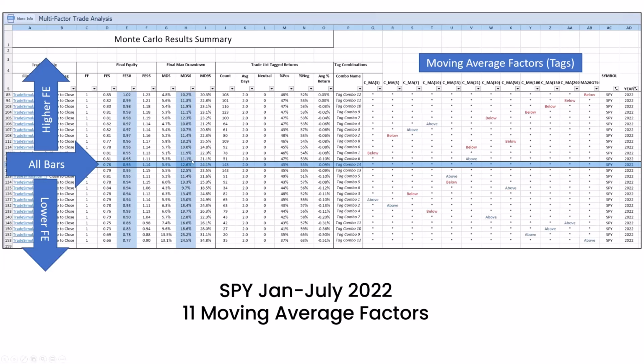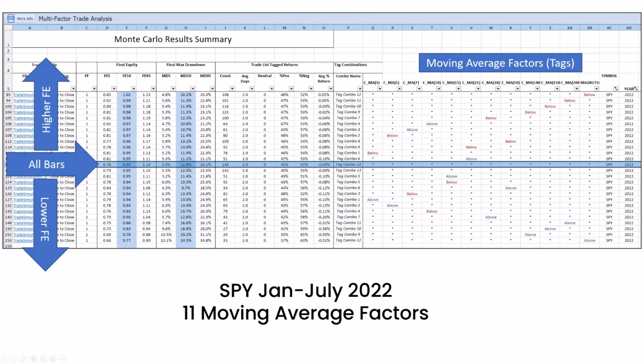In this case as well, the average maximum drawdown for all of the bars was 12.6%. As you go up this list, the maximum drawdowns do seem to get lower, meaning that they're less volatile bars to be trading. And as you come down this list, the numbers get higher.